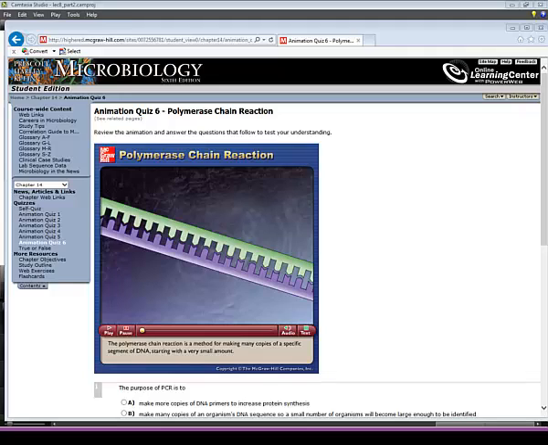And of course, the way that he did this was to go someplace that's hot, and he went to a bacterium.